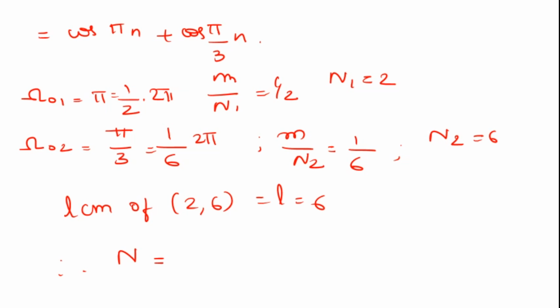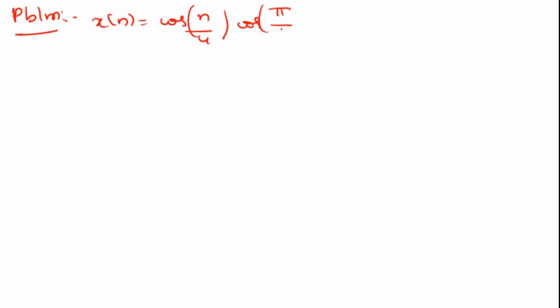Next problem, x of n is equal to cos of n by 4 into cos of pi by 4 into n, where ohm naught 1 is equal to 1 by 4, which is not equal to m by n into 2 pi.